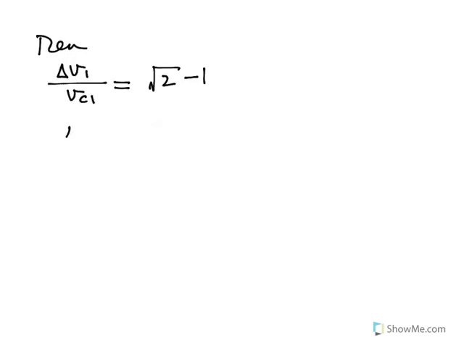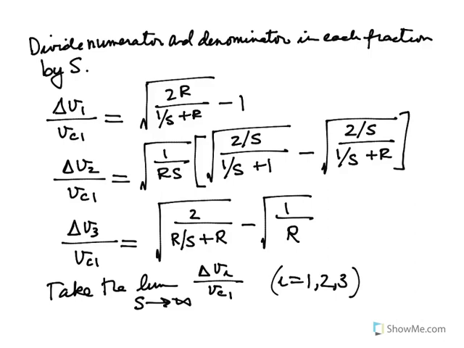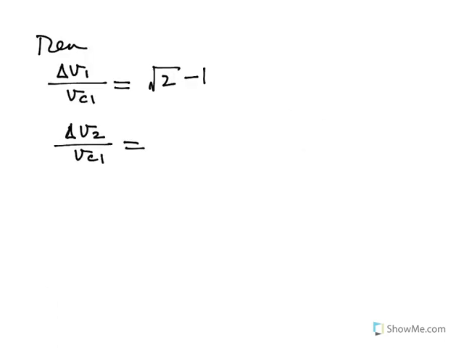Delta V2 divided by Vc1 is equal to, well, as s approaches infinity, the numerators all go to 0. So 2 over s, the numerator goes to 0, and so does the second one, 2 over s, the numerator goes to 0. So this whole thing just goes to 0, which gives you that delta V2 is equal to 0.